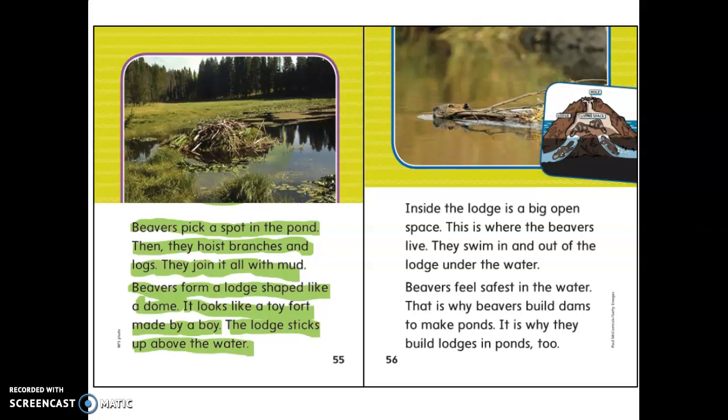Last page. Ready? Read. Inside the lodge is a big open space. This is where the beavers live.